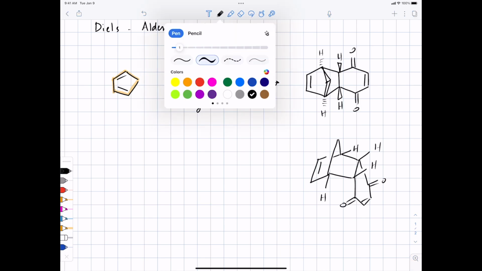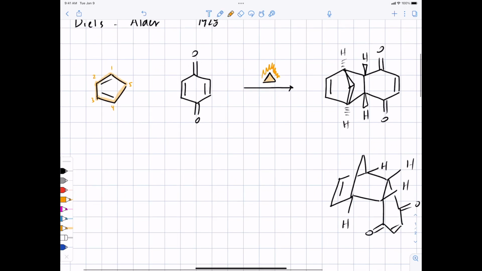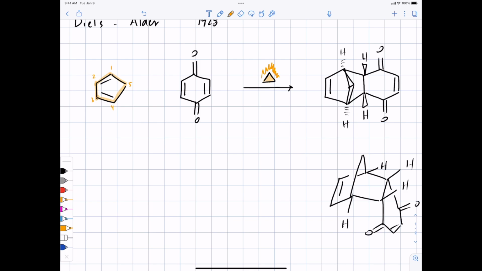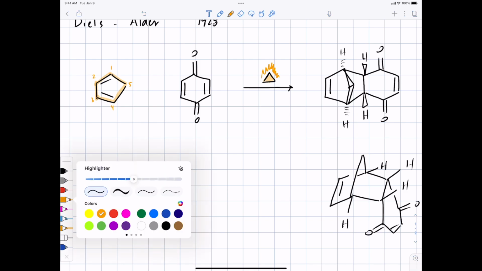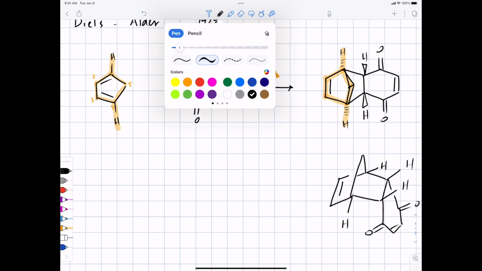And, you know, sometimes when dealing with complicated products, it can be useful to number atoms. So I'm going to show you the numbers. I don't think I need 2 orange highlighters, do I? I'll change the color on that one. Right, so here is the portion of the molecule in orange that's from cyclopentadiene.